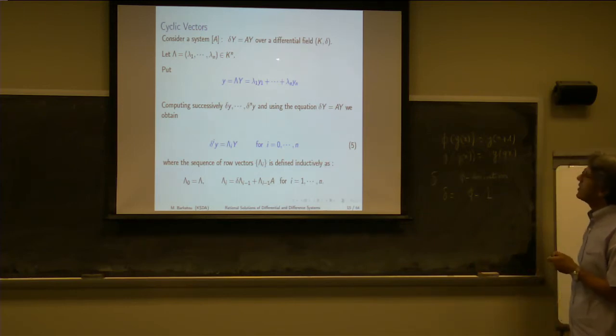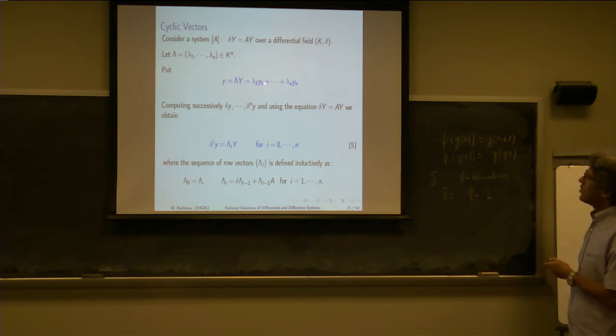So the idea is very elementary, and this is the way Gantmacher 1936 explains things, more or less. You have this unknown vector function, and you take a linear combination of the components, where the lambda i's are functions in K to be determined.